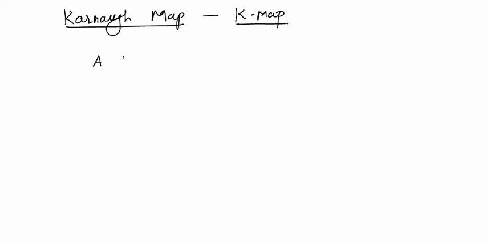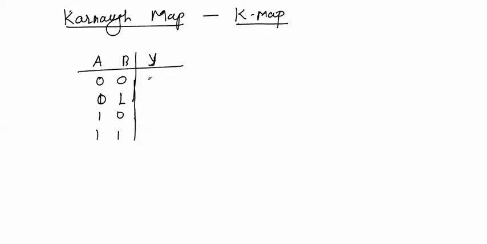truth table. There are two variables A and B and output Y. This Y depends on A and B. A and B have the combinations 00, 01, 10, 11, and the value of Y is like this for these input combinations.